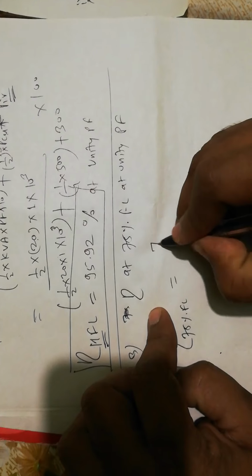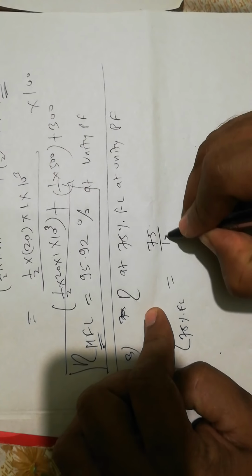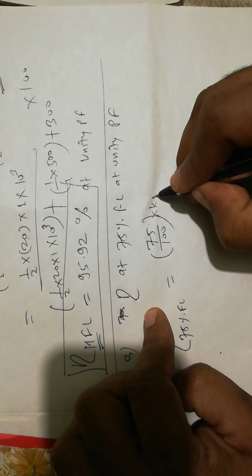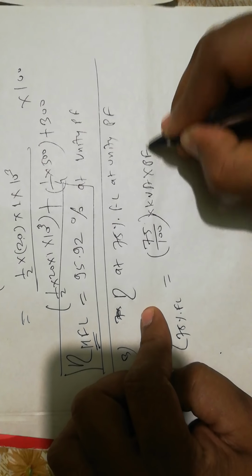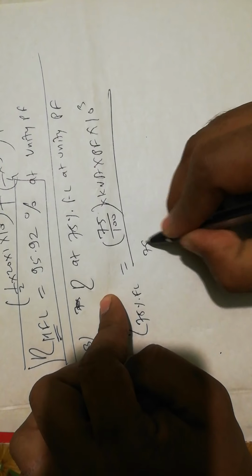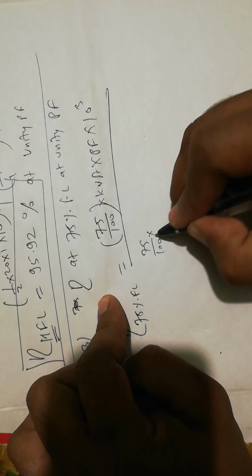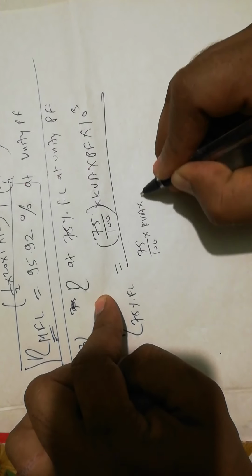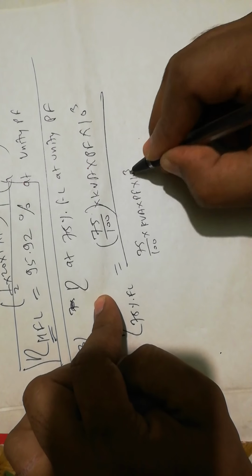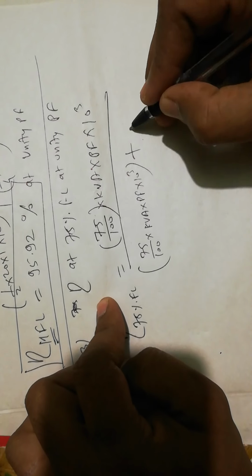Here multiply 75% means 75 divided by 100, into kVA into power factor into 10 to the power 3, divided by the same, plus now copper loss also varies.